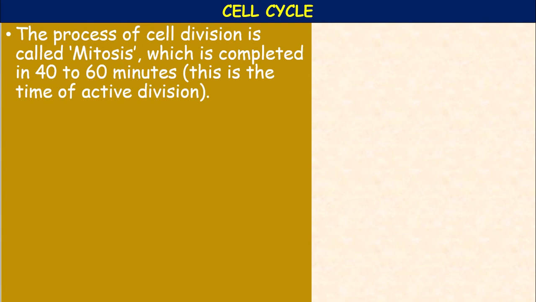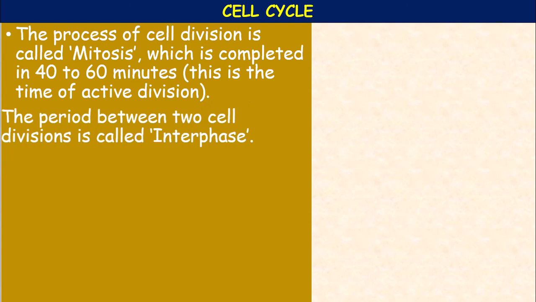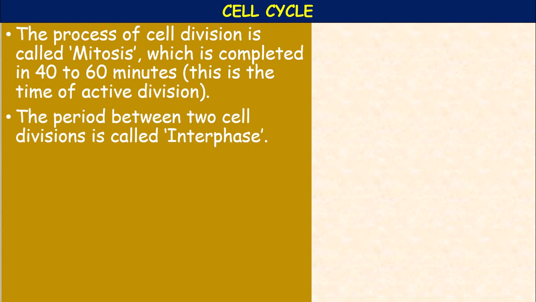The process of cell division is called mitosis. The period between two cell divisions is called interphase. What is interphase? The period between the two cell divisions is called interphase.